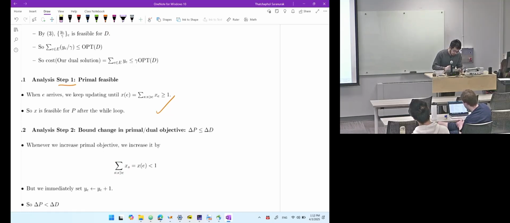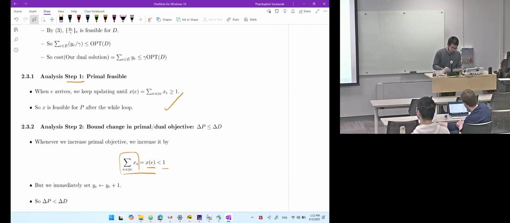So the increase is basically this, which is xe, which is less than 1. But how much is the increase in primal? Okay. What about dual? We just increase y by 1. So the increase in primal is at most 1. The increase in dual is 1. So we actually get the strict inequality.